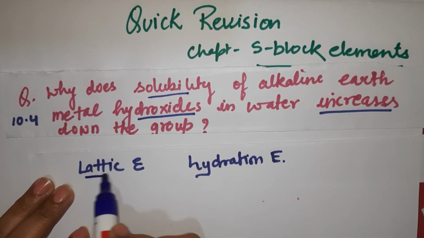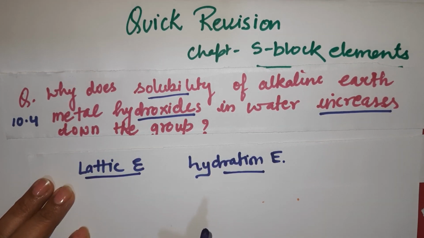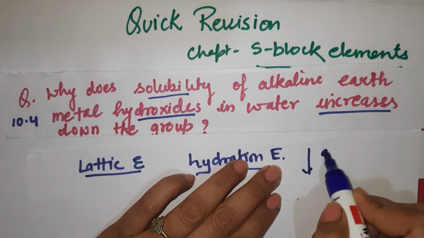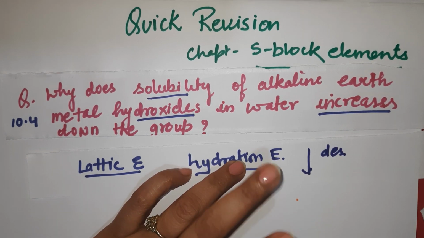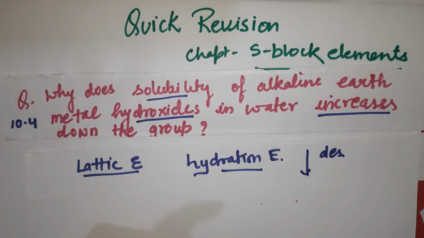So lattice and hydration enthalpy affect the solubility factor, and we had already studied that hydration enthalpy decreases down the group, right? If we compare the metal ions, hydration enthalpy decreases down the group.